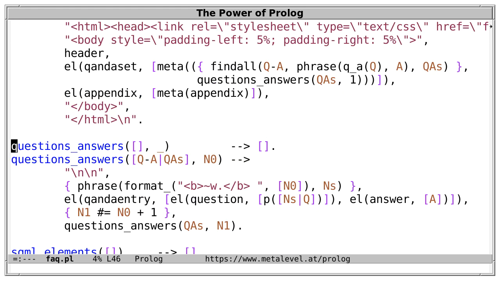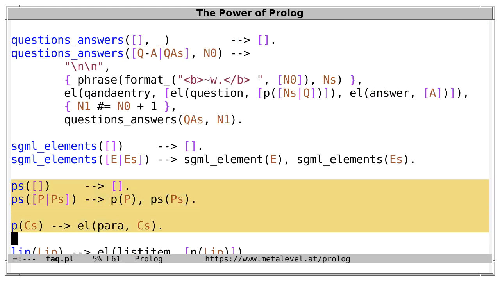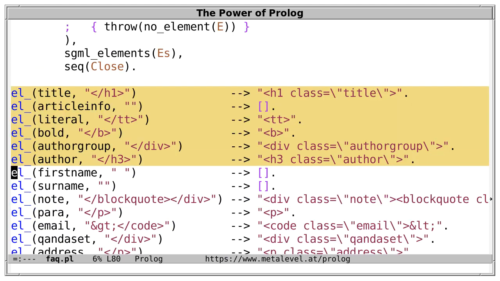And here are a few additional non-terminals to complete the description, such as questions, answers, describing the actual list of questions and answers, and that's the main content of the document, and our own, in a sense, mini language so that we can easily state here's a new paragraph or a new list item and so on. So these are shorthand notations for common HTML tags. And we can easily relate such elements to actual HTML code.